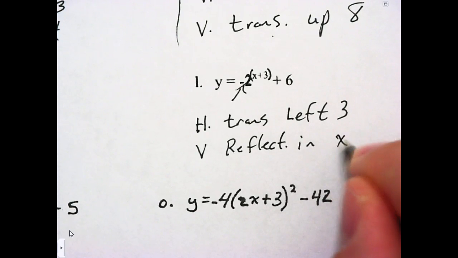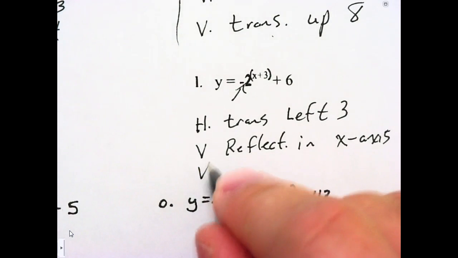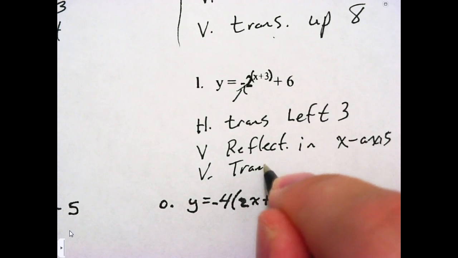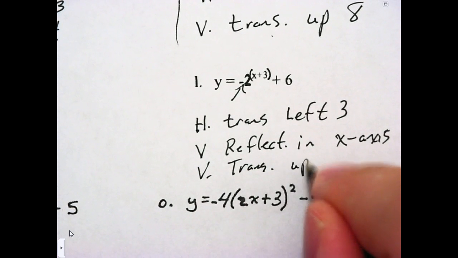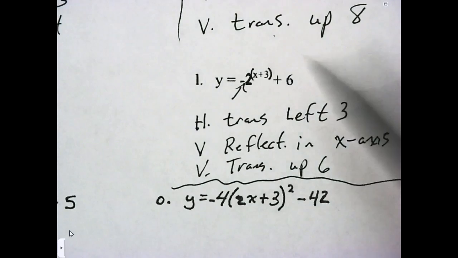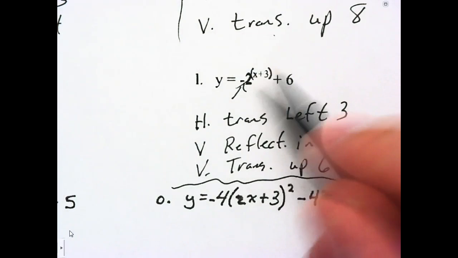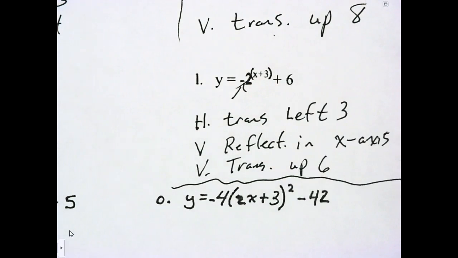The x-axis. Good. And then the last one is a vertical translation up 6. Wait, so for the negative 2, the 2 is just... The 2's a base. Because it's an x, we have an exponent we're dealing with. I'll explain it when we cover that this year.